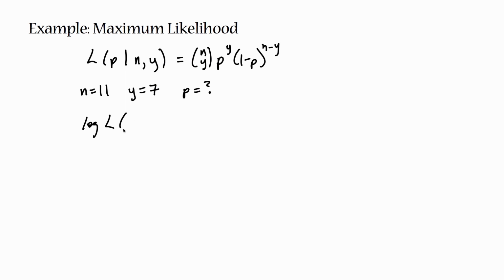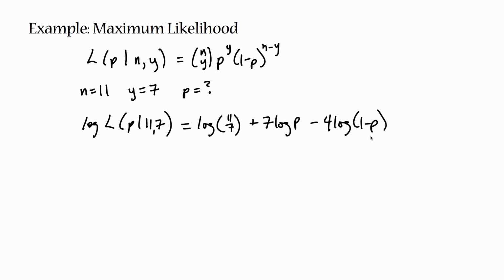So my log likelihood function, of p given 11 and 7, is going to be log of 11 choose 7, plus 7 log p, plus 4 log of 1 minus p, which is much easier to take the derivative of, right? d by dp of my log likelihood function.